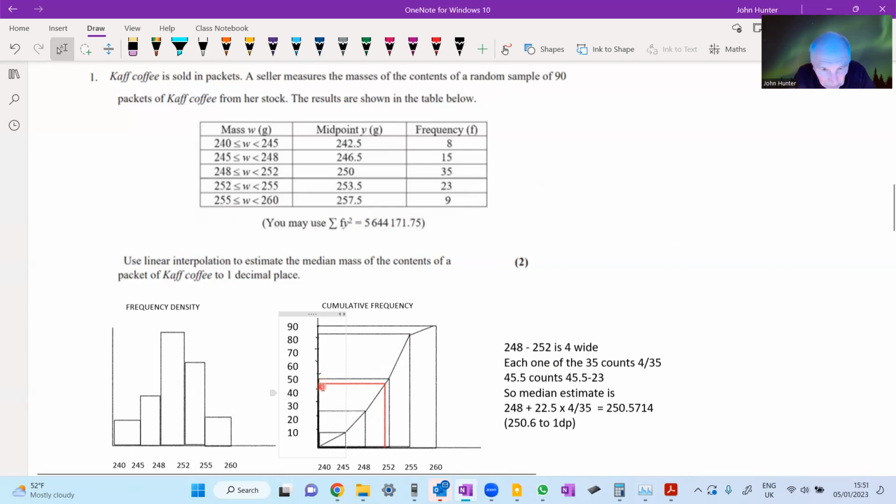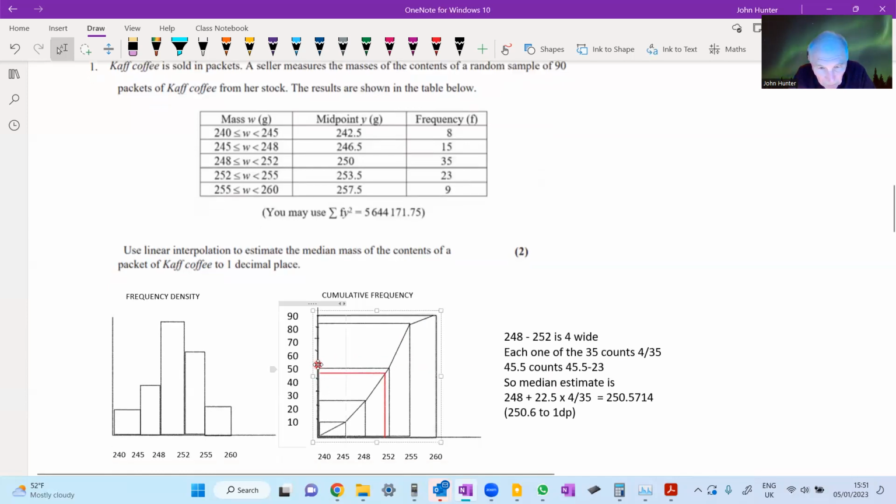I'm just trying to remember where I actually drew it. 20, 30, 40, 50. It probably should be a little bit further up, but anyway, if we follow that across from the 50th through to the line and back down, it gives us the measure here at the bottom.